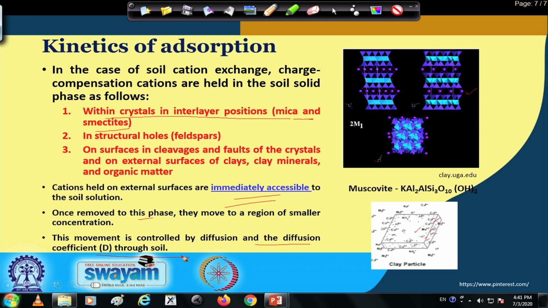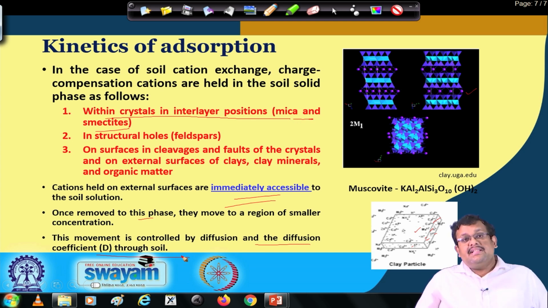So, what have we learned from this slide? We have learned that in the cation exchange process, charge compensation cations are held in the soil solid phases in three fashions.